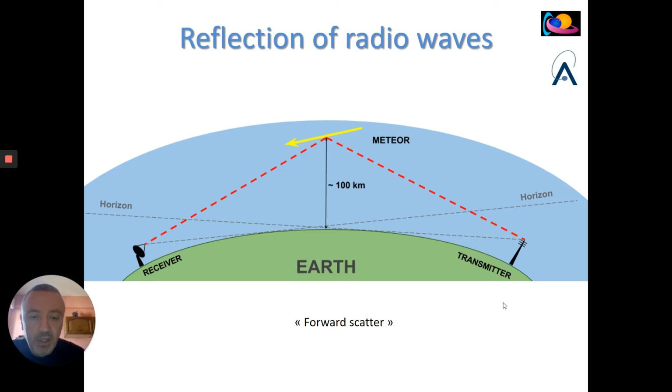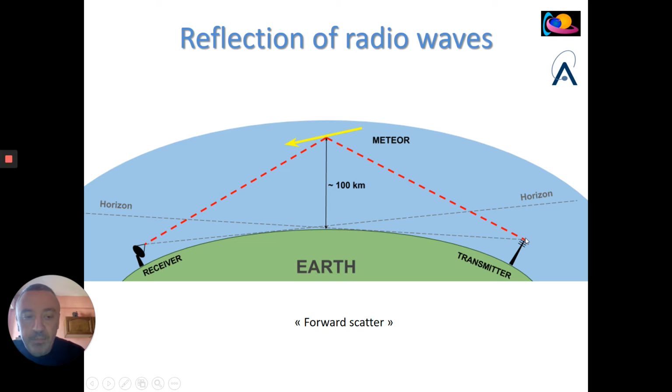And the general principle is illustrated in this sketch. On the right here, you have a transmitter emitting at a certain frequency. And here on the left, you have a receiver tuned to the frequency of the transmitter. In this example, because of the large distance between the receiver and the transmitter, and because of the curvature of the Earth, the receiver cannot detect the direct signal.